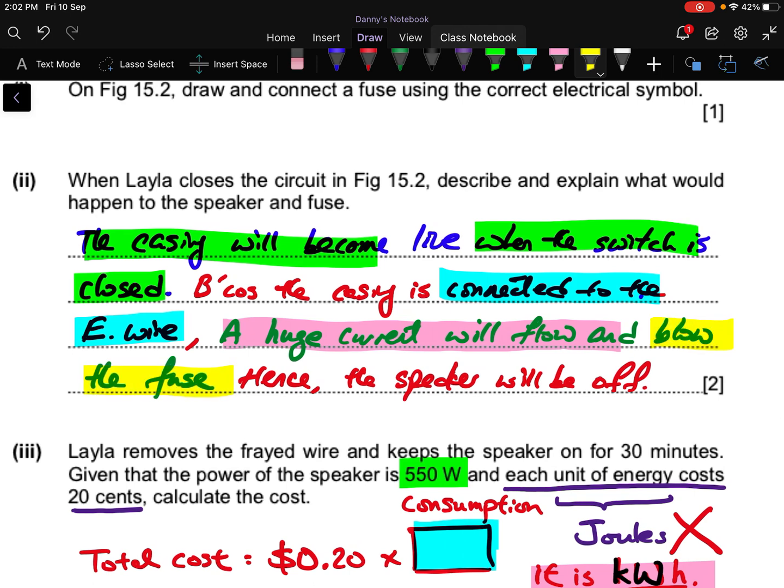Or you can say that the fuse wire melts. Because the question wants you to describe what would happen to the speaker, please try to avoid saying that the speaker will not work. What does it mean by will not work? In this case, because the fuse wire has melted, there will be no more current, and as a result, the speaker will be off. So that's how you do it.